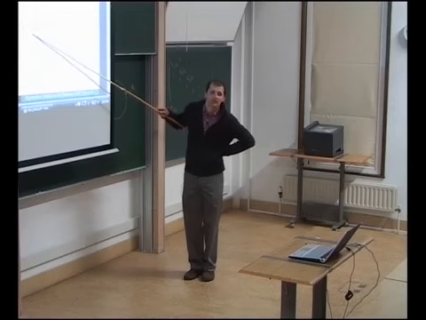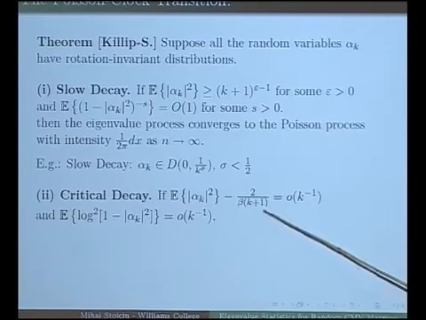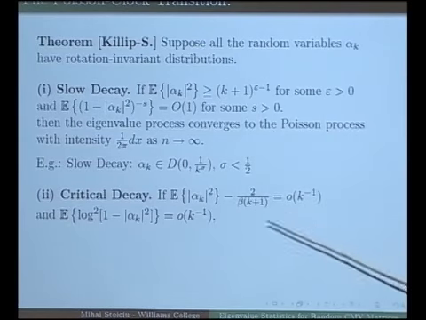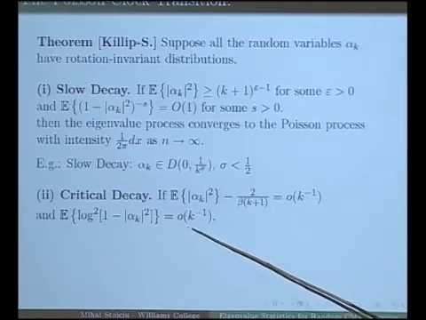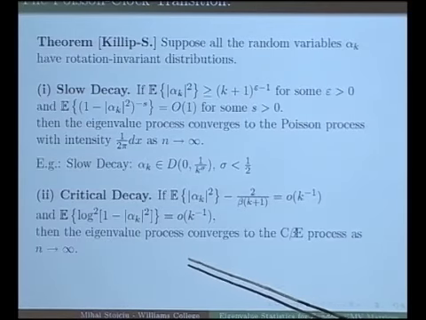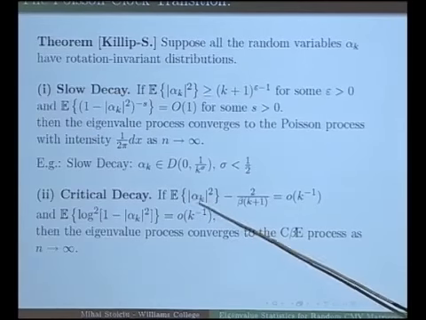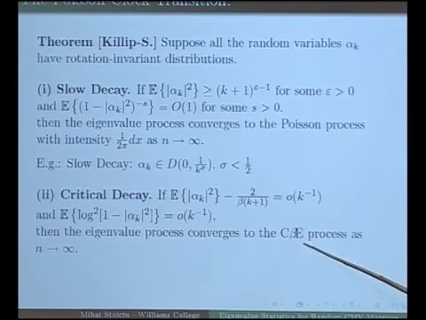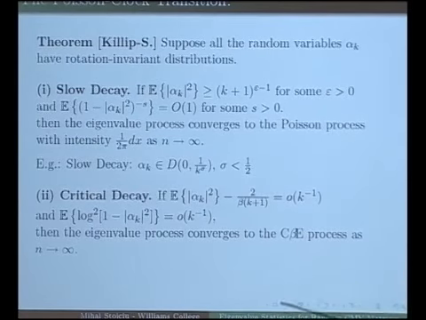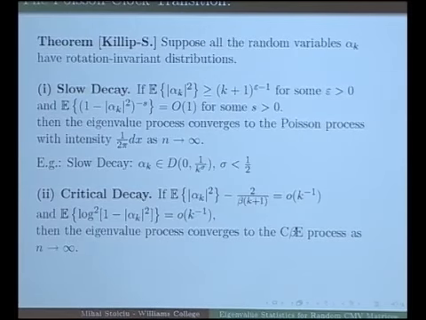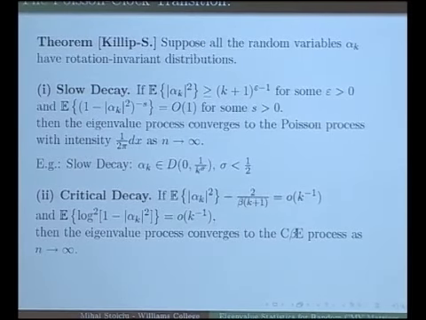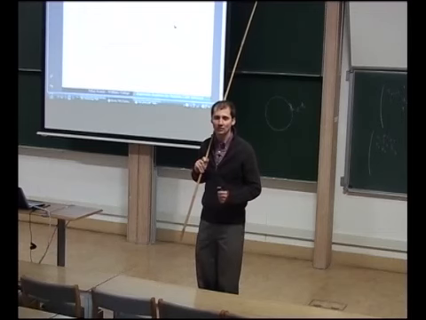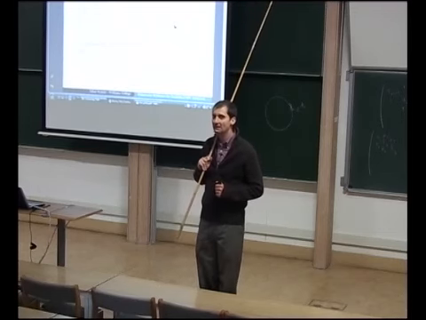The expectation of alpha k squared is like 1 over k times 2 over beta. It's just the coefficient that multiplies 1 over k, plus an error, and again a technical condition. Then for the corresponding CMV matrices, the eigenvalue point process converges to the one corresponding to the circular beta ensemble.